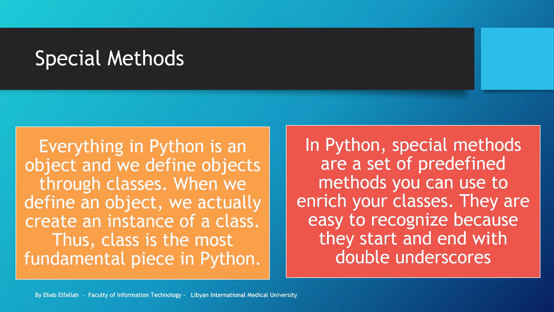You can use these special methods inside your class, and they will fire on some events when you deal with the object. After you define these special methods in your class, they can automatically be used with your object.